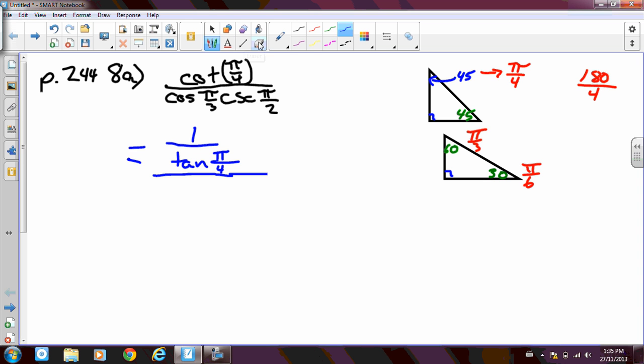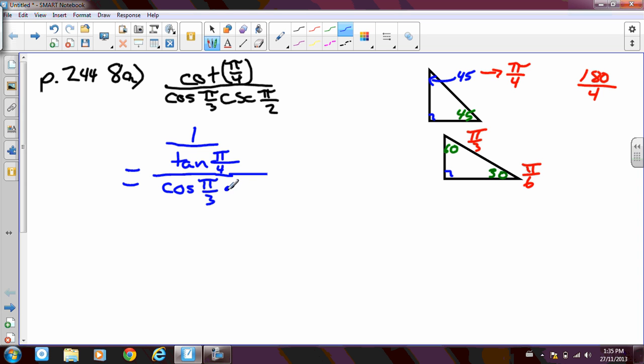So cotan, we can substitute to be 1 over tan. Cosine of pi over 3, I'm going to leave alone. I know how to work with cosine, so I can do a substitution here in a moment.